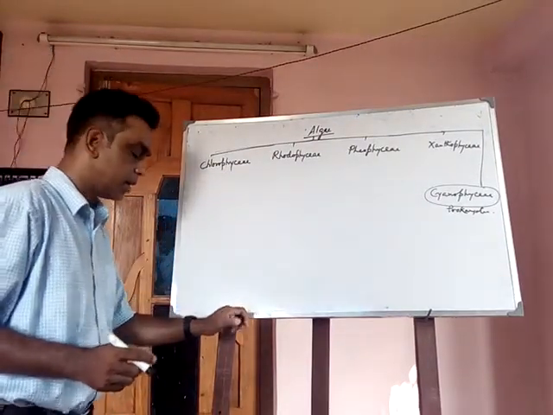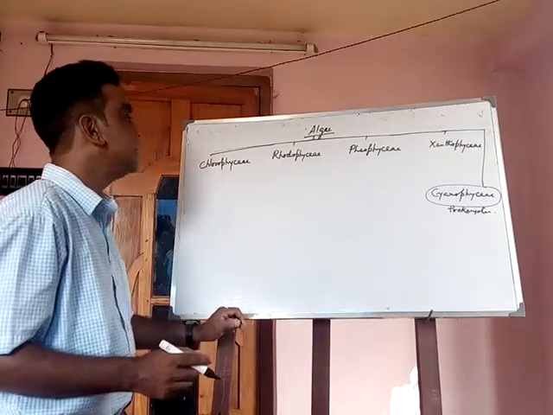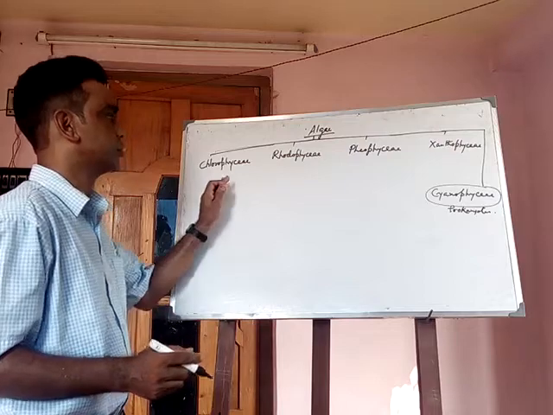Chlorophyceae is the class of algae where the green pigment, that is chloroplastic, is found.